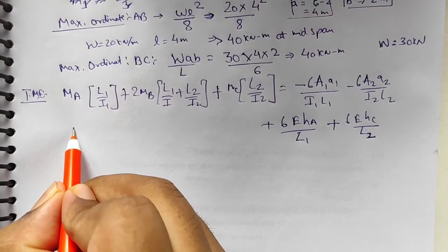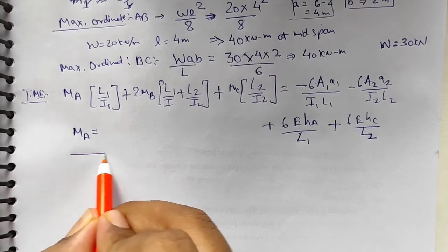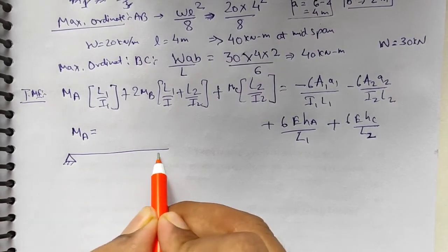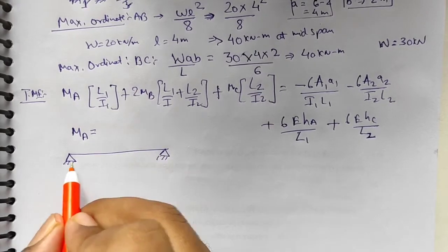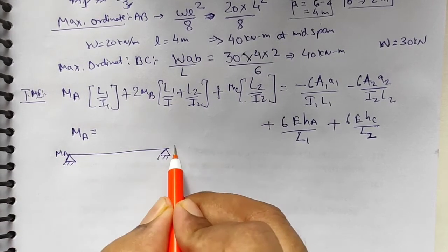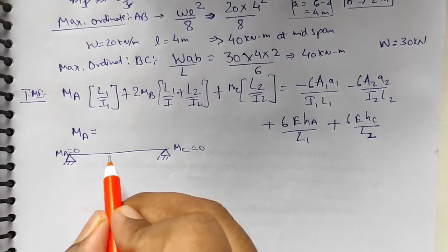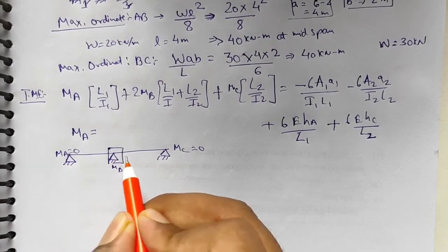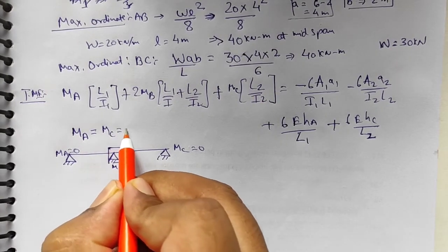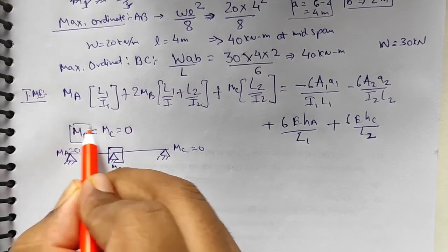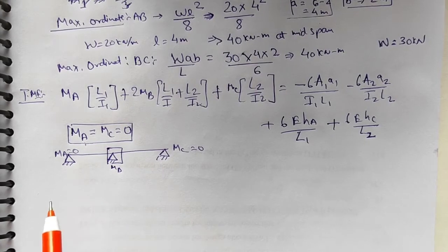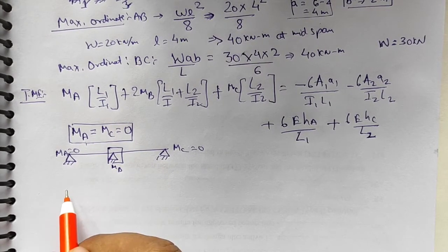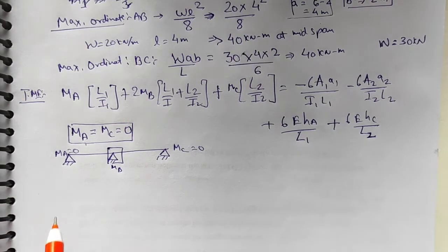So here, as we know that in a simply supported beam the end moments are equal to 0, my values of MA and MC will be equal to 0, and I will get the value of MB. So I will put MA and MC equal to 0. Now whatever values I have found above, I will put in the three moment equation.